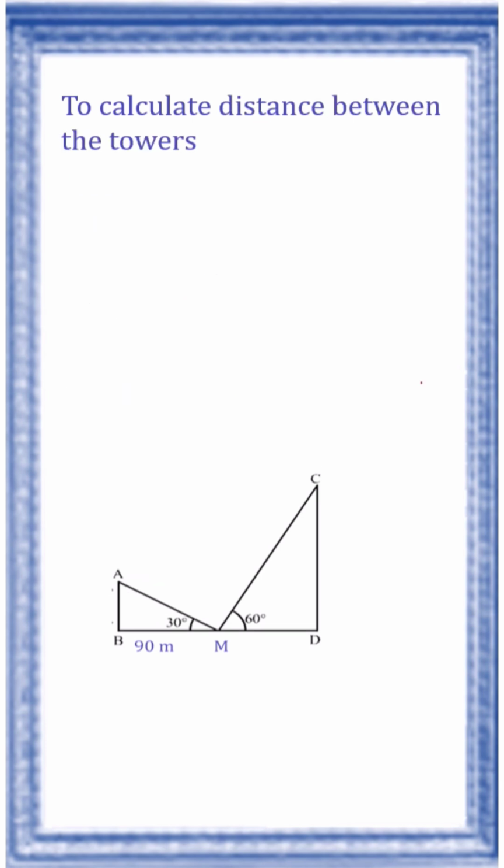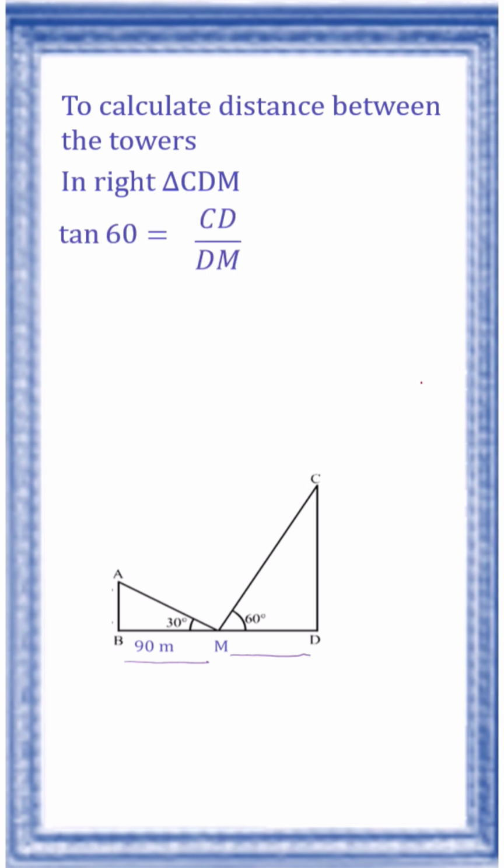Now let us calculate the distance between the towers. BM we already know, we have to calculate MD. How can we calculate? By selecting the triangle CDM. tan 60 is equal to CD by DM. CD is actually 102, but if we put 102 meter, it will be cumbersome. Here AB is 30 root 3, twice the 30 root 3 is 60 root 3.